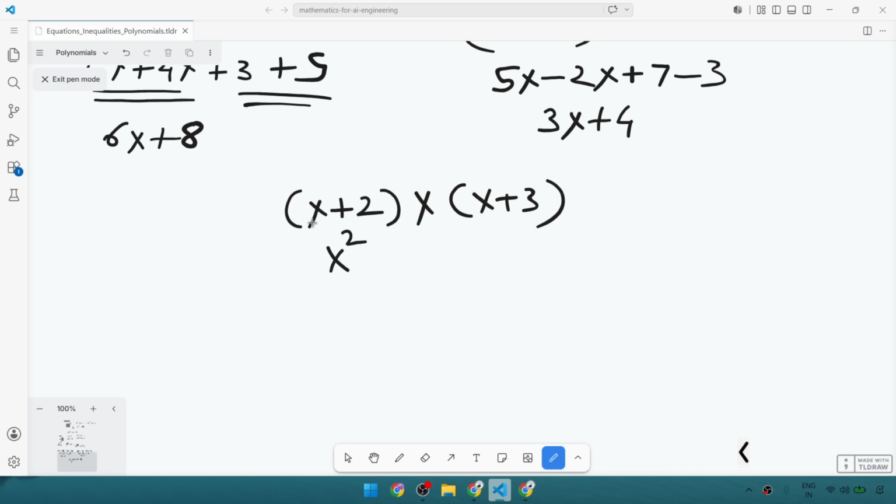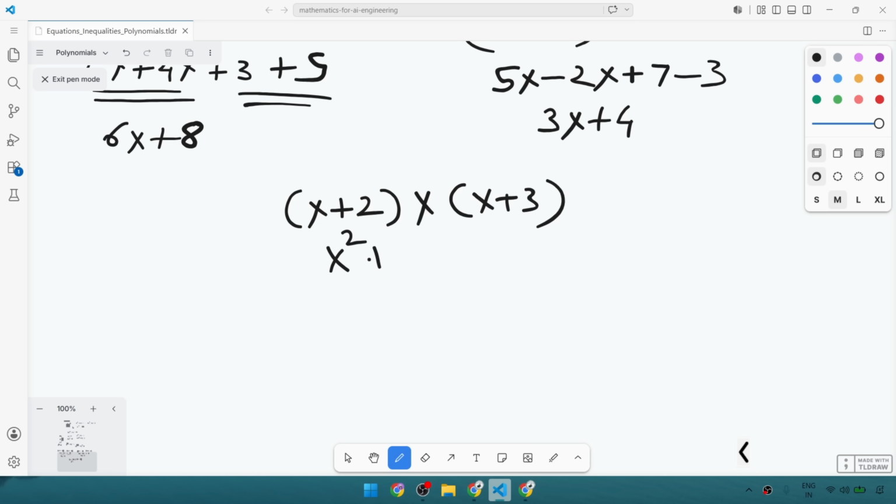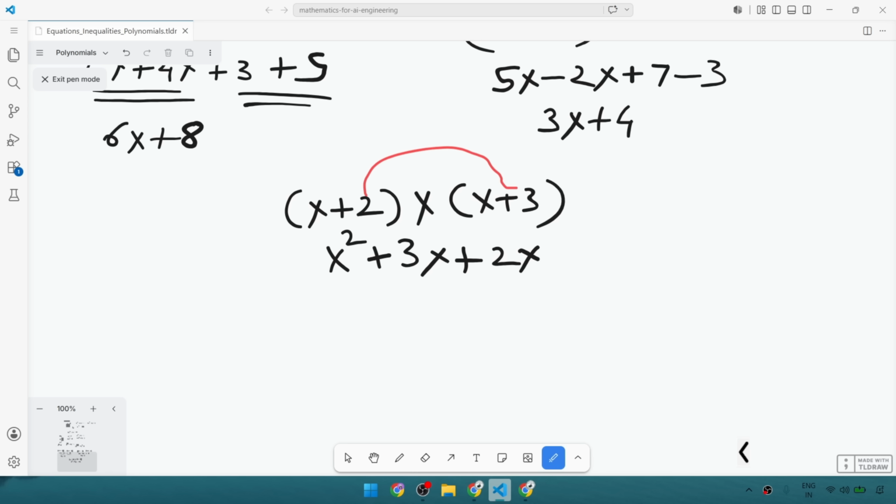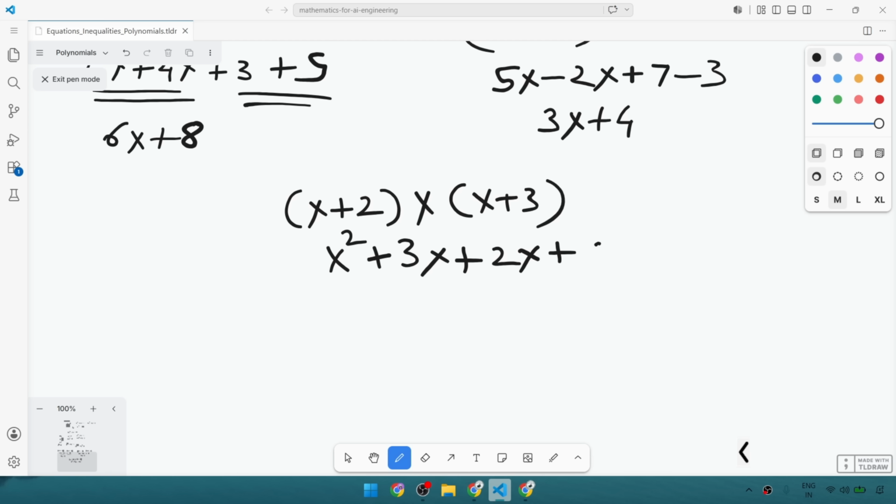So it is going to be x into 3, or you can simply call it 3x, right? So here we can put plus and then 3x. Now the same thing we need to do for this 2. So here we can put a plus symbol, plus and then 2 into x. So we can simply write 2x, and then we need to multiply this 2 with this 3. So it will be 3 into 2, so here we can write 6, 3 multiplied by 2, which is 6.